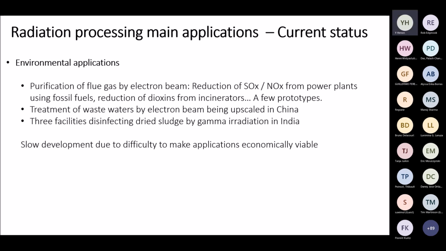It seems that facilities are being built, have been built, and are still being built in China for this application, while India is using gamma irradiation to what they call hygienize dry sludge, and afterwards make fertilizer that can be used by farmers.